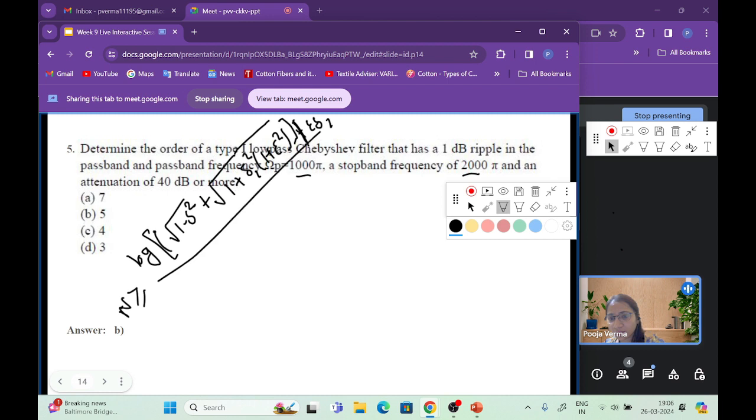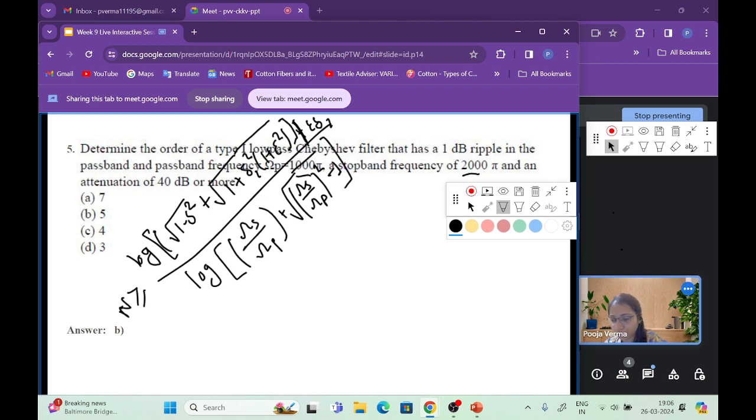Then divided by log in brackets omega s divided by omega p plus root of omega s divided by omega p whole square minus 1, bracket closed.